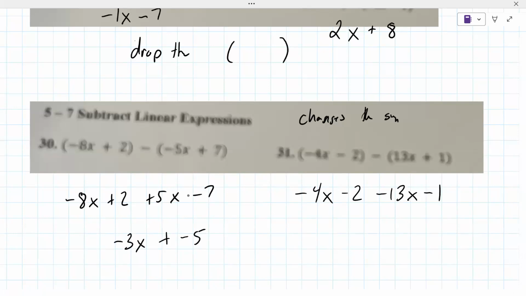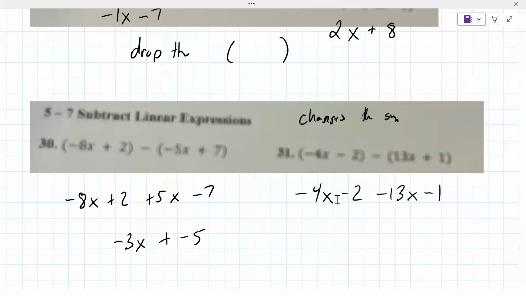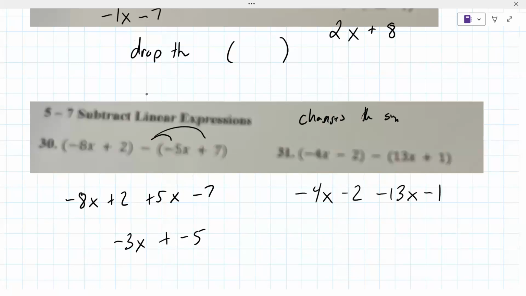I'm looking at minus 8x plus 2 minus a minus 5x is 5x minus 7. So we got 2 and minus 5. Wouldn't you change the negative 8x? No, it's only to the right. This goes into the left. Never mind. That would be negative 5. Yes. Try the other one.